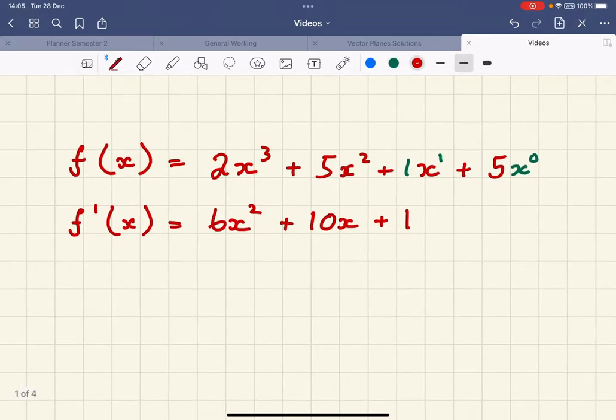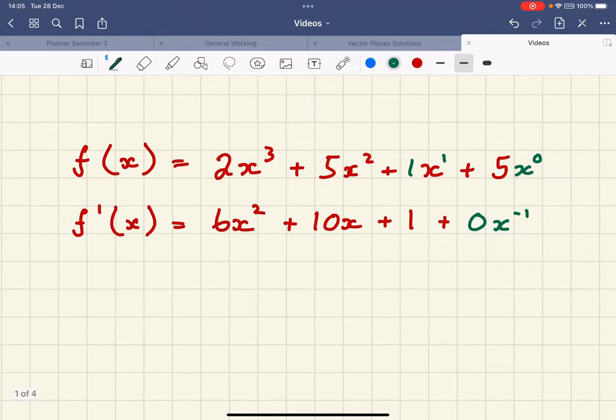And then this 5 is going to disappear because it's going to end up being 5 times 0, which is nothing. So even if I reduce that power of x by 1, I've still got this nothing outside. This is just a bit of an unusual one, but if I've got constant numbers here, they'll just disappear. So that's our final answer.